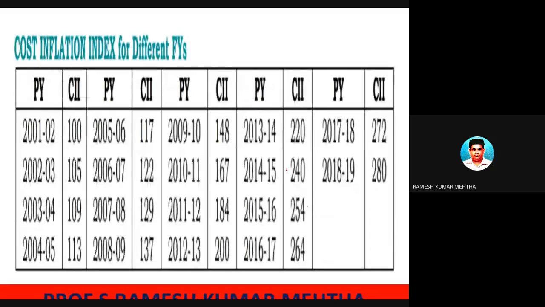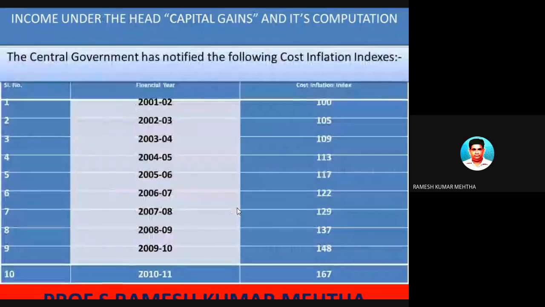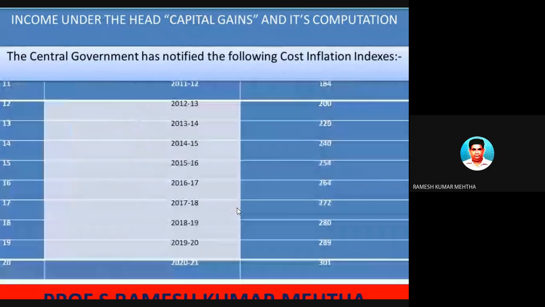Here we have 2019-20, where we can add 289, and so on. Now this also we have discussed, so we will not go into it. This is again another format in which I have put it.